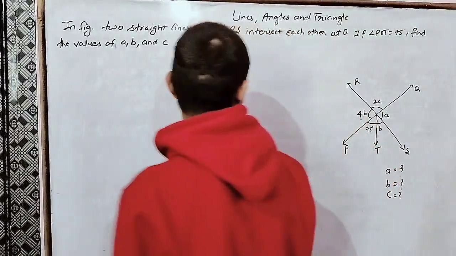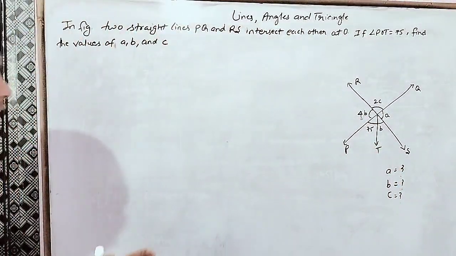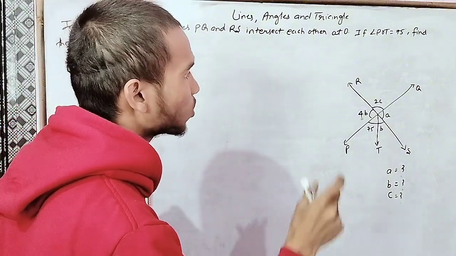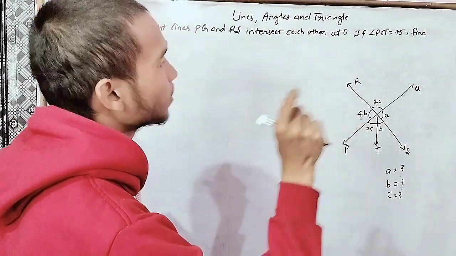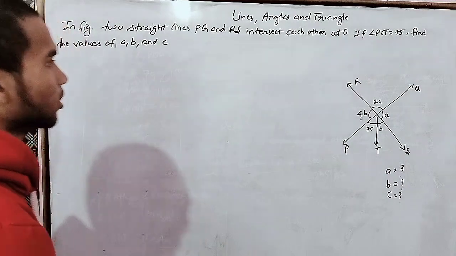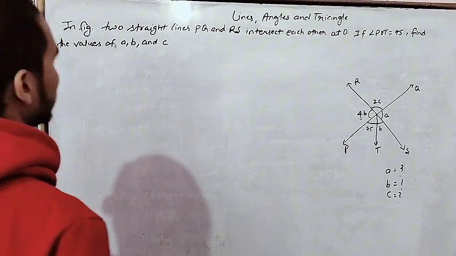And C is what? Here try to understand. The value of C is 2 times, and the value of B is 4 times. We just have to find out the value of B only, not 4B. Only B.